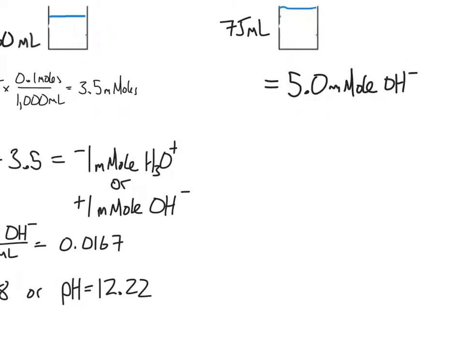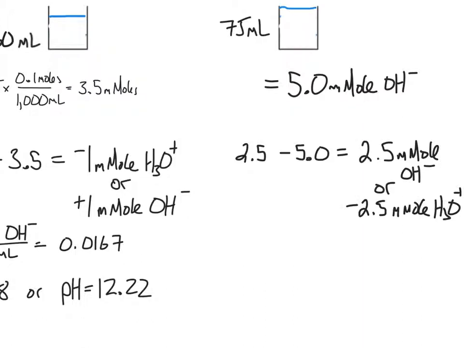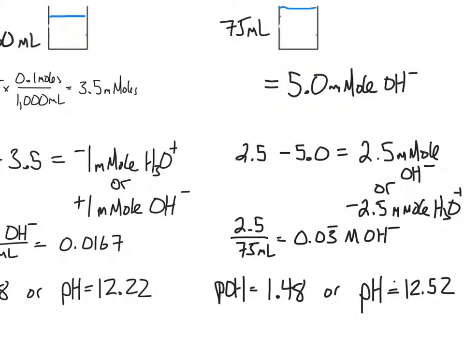We originally had 2.5 millimoles of hydronium, so subtracting that away, we get 2.5 millimoles of hydroxide remaining. That's in a total of 75 milliliters for a concentration of 0.03 molar. So that's a pOH of 1.48 and a pH of 12.52.